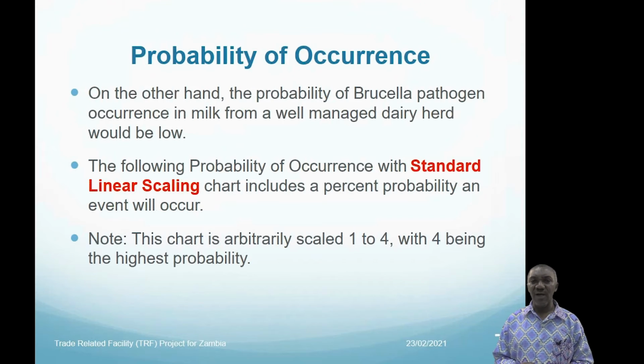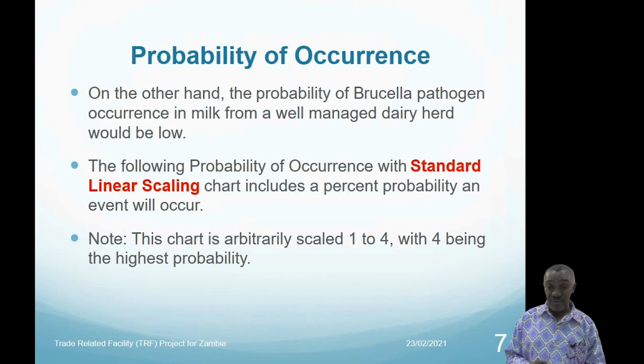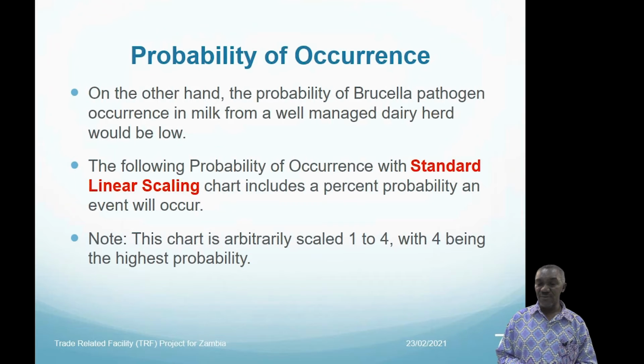Now, if you turn to other pathogens that are rarely found in milk, because of course, if they are present, they pose quite a lot of danger. Brucella is a zoonotic pathogen that is found in milk, and human beings can suffer from a disease called brucellosis.